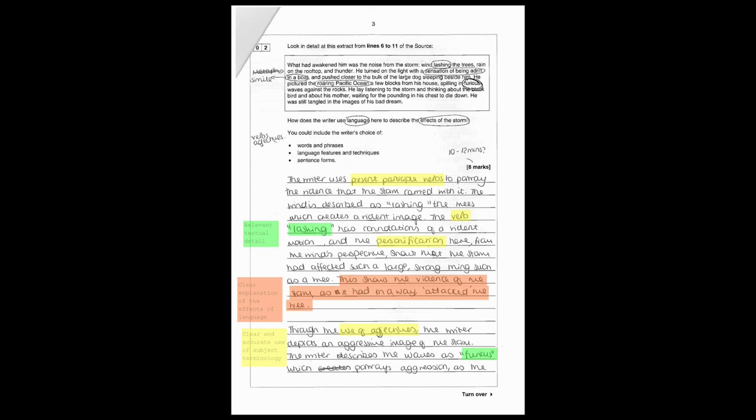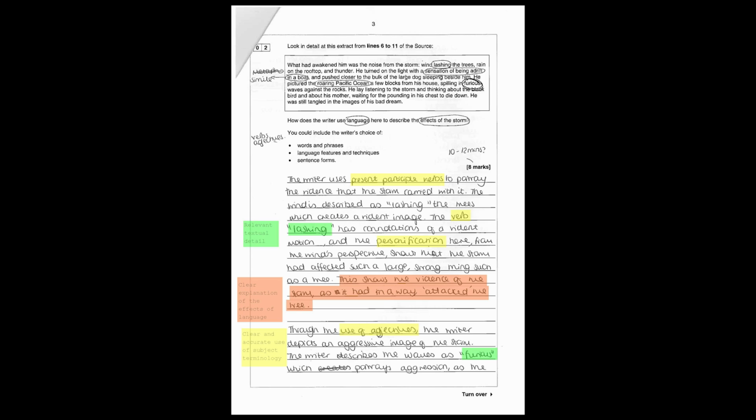Then going on to explain it with our quotations. So we have in quotations in the green there, "roaring" and "furious". As we said before, we are starting to go through our system here of making our points with a language feature and using the evidence from the text itself, which can then lead into explaining the effect of the language, for the writer's intentions and for the reader.